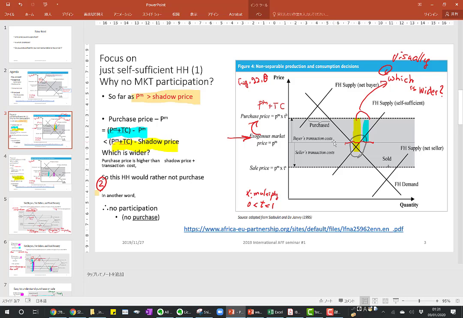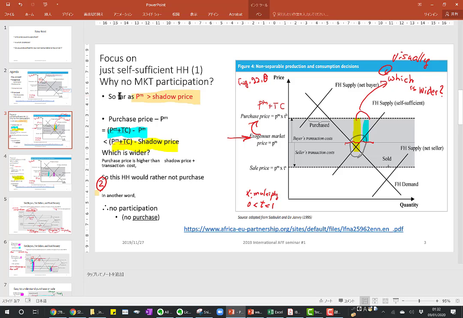So at the intercept of the supply curve and demand curve, the so-called shadow price is determined specifically for this household.